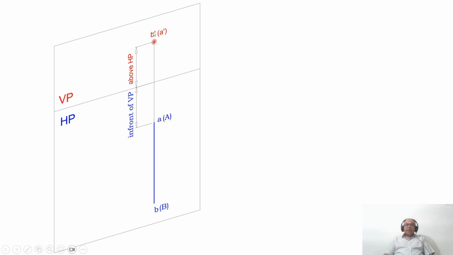Now, can we see this true length in the front view? No, because the top view line is not parallel to XY. But in the front view, that line is parallel to XY. Therefore, you are getting the true length in HP. So this is how you will be able to analyze it.